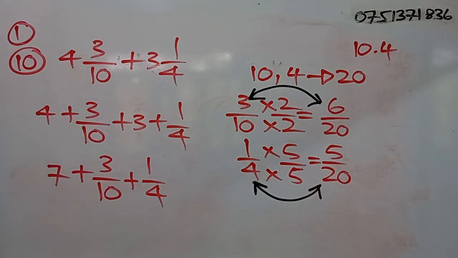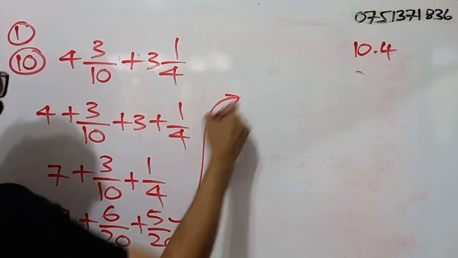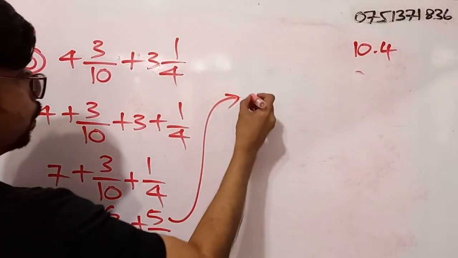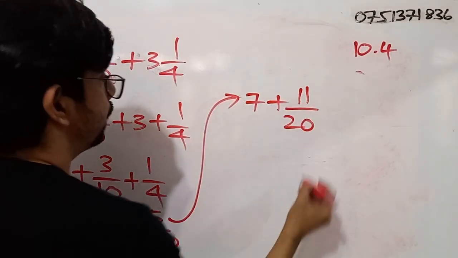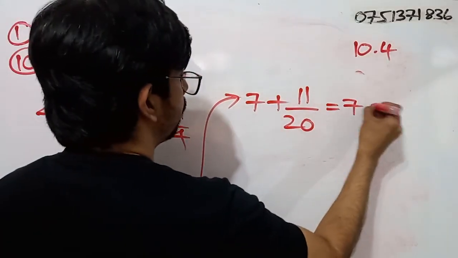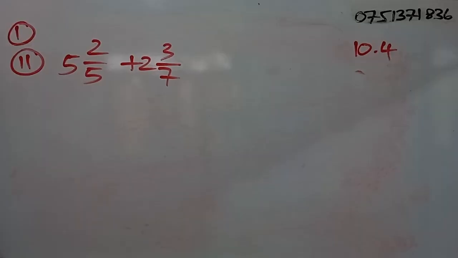Right? So I can write 7 plus 6 by 20 plus 5 by 20, no? So I will continue on this side. So 7 plus 11 by 20. So that means what? 7 and 11 by 20. That's the answer. Okay.